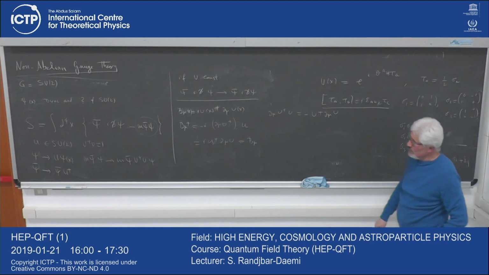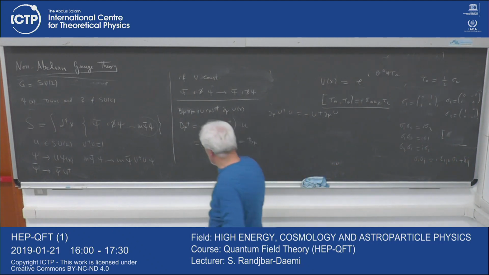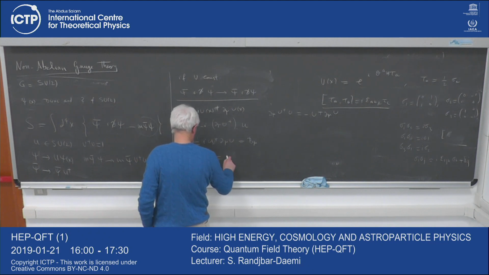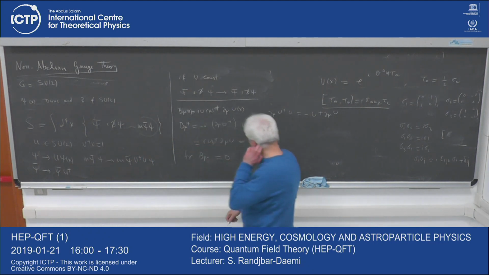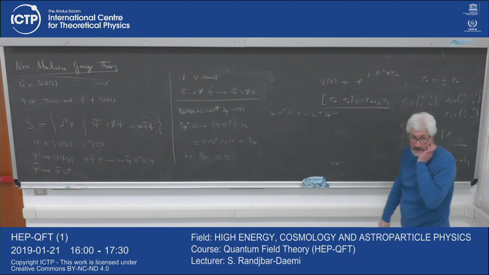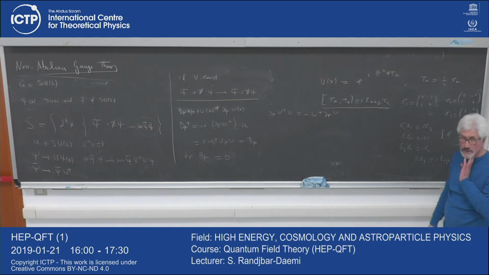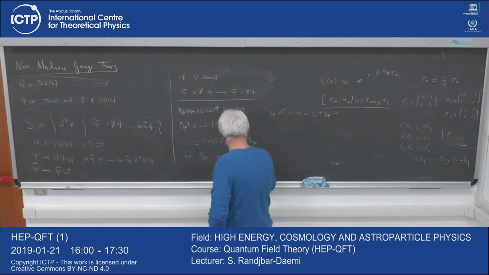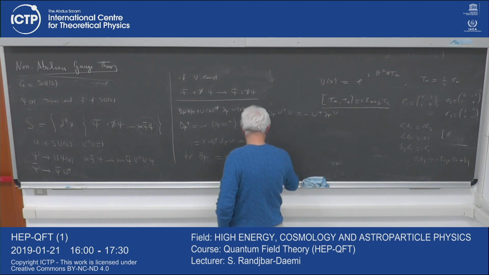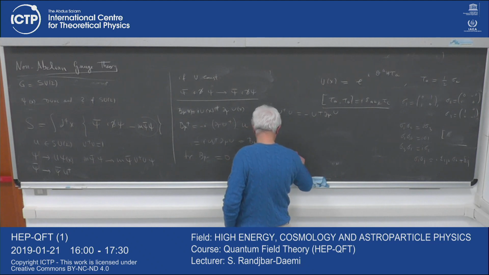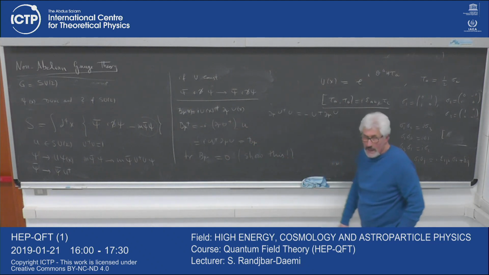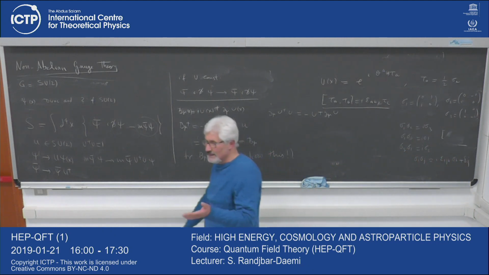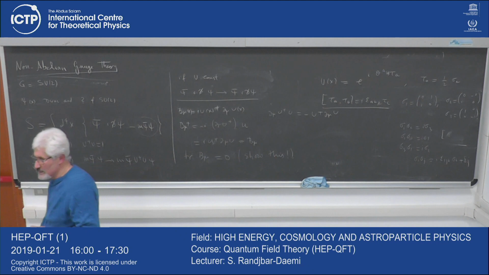It's also easy to see that it's traceless. I will leave it to you to show that. So it's a 2 by 2 traceless matrix. A 2 by 2 traceless matrix can be written as a linear sum of Pauli matrices.